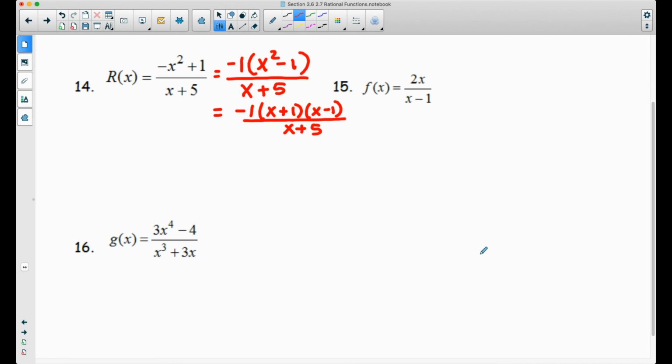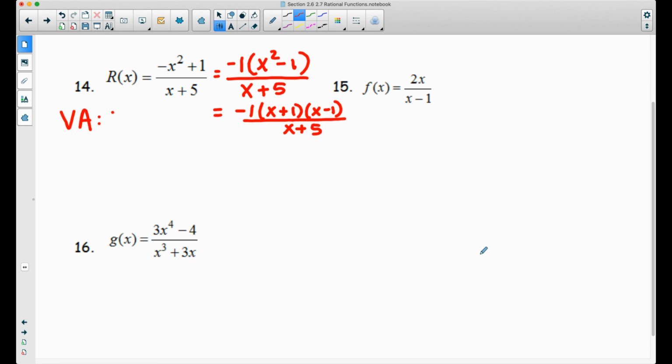Like I said, right now it doesn't mean anything to us because it didn't end up canceling anything out and it didn't really provide too much information for us. But when we start graphing, today's Tuesday, come Thursday, then you will need that because that tells you the zeros of your function, okay?